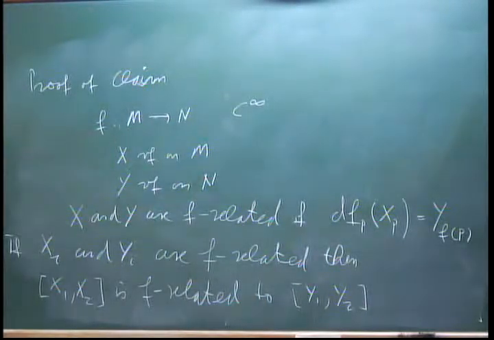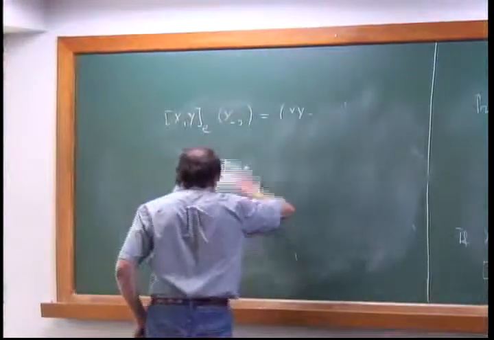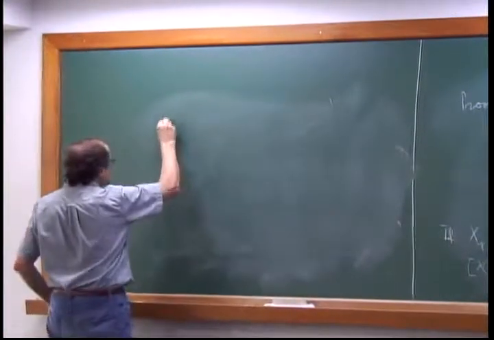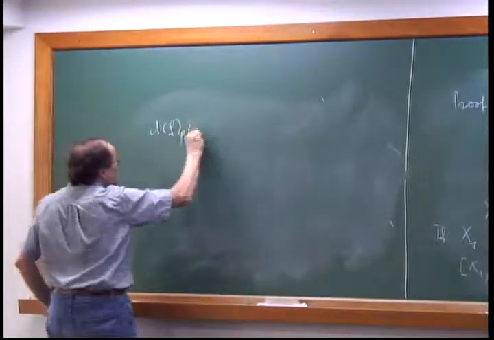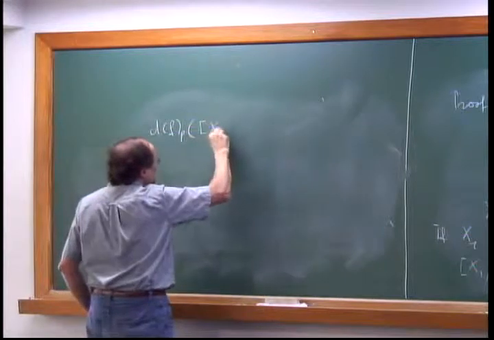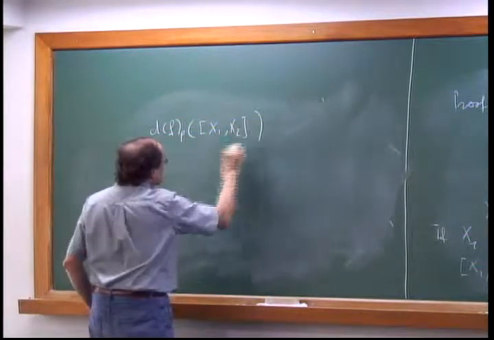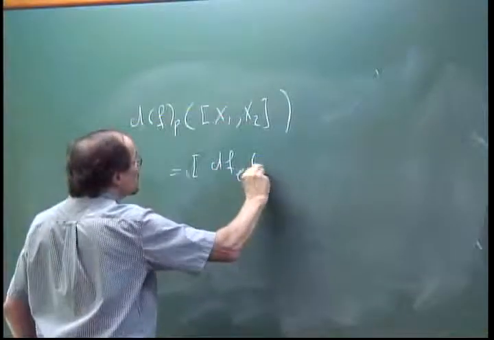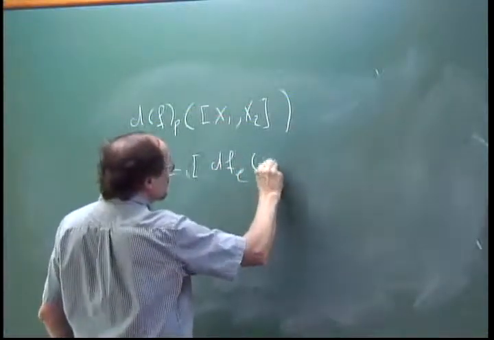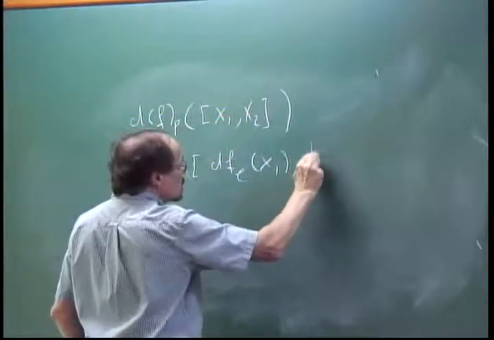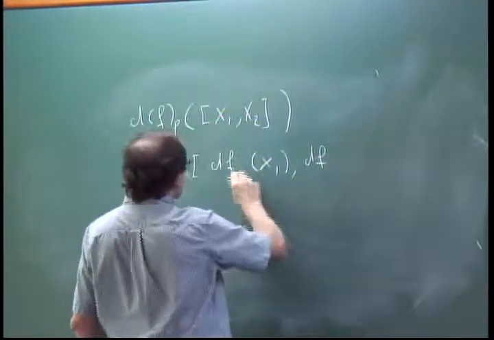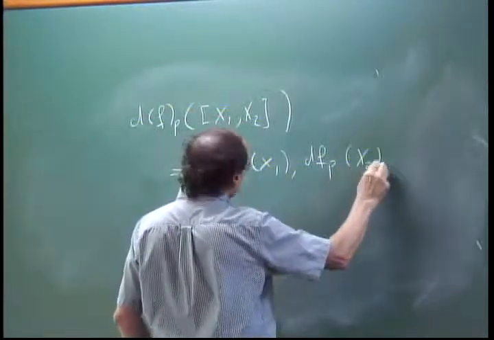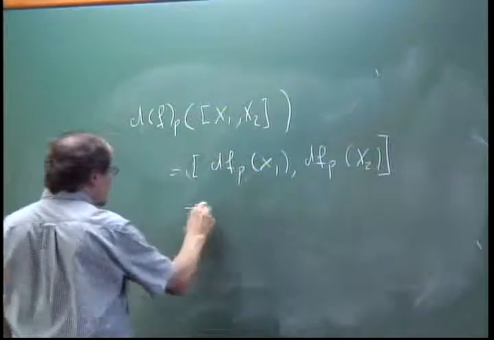So in other words, the equation we've used for diffeomorphisms, dF at p applied to the Lie bracket of X1, X2 is the Lie bracket of Y1, Y2.